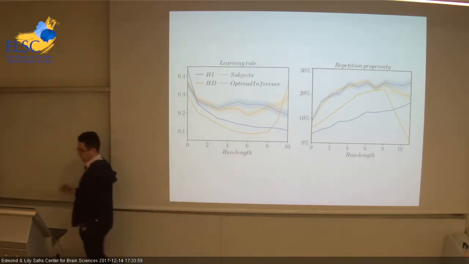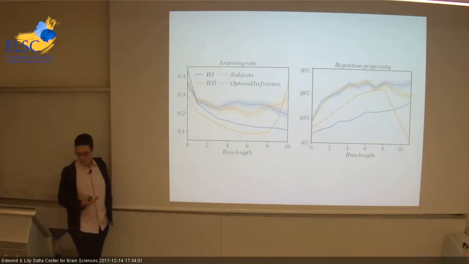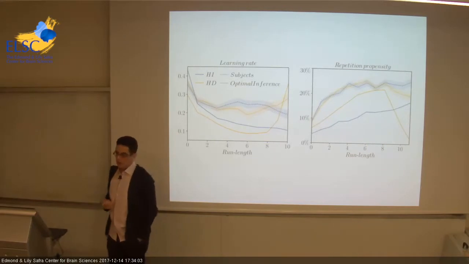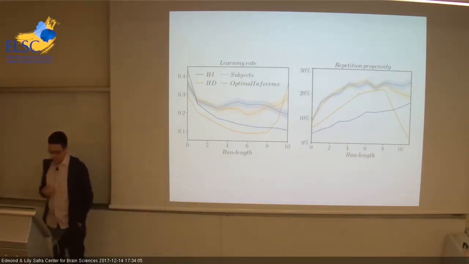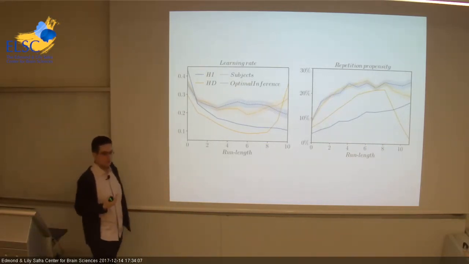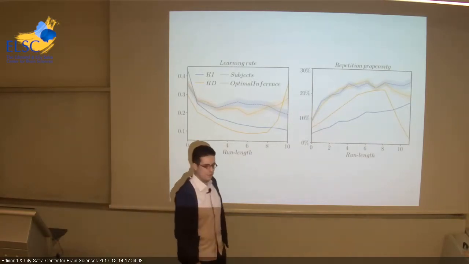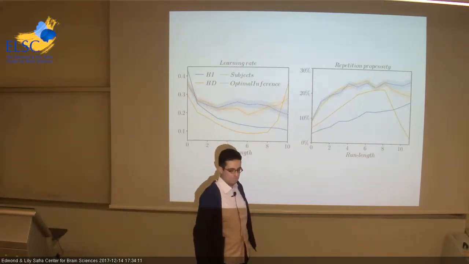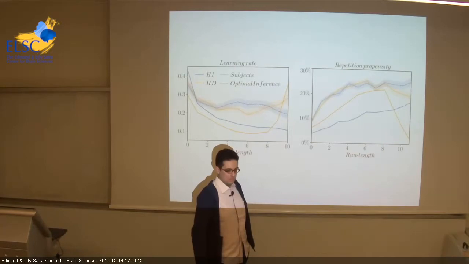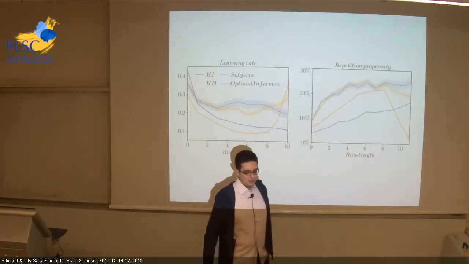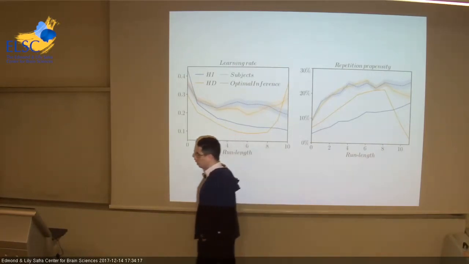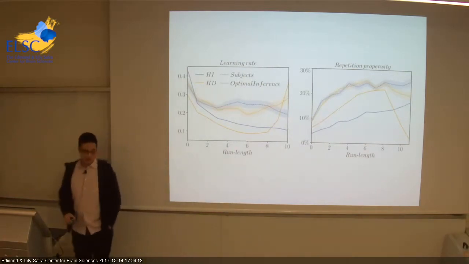And so for the rest of the talk, I will discuss how one can understand this and explore various models. But not optimal. How come that you have the propensity to repeat at all in the model?